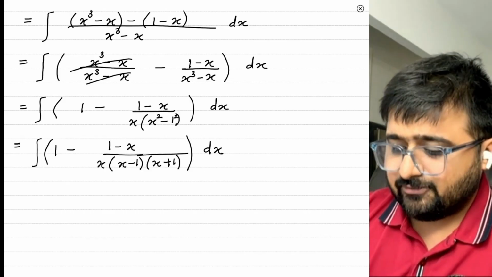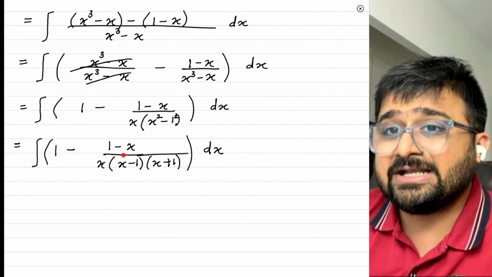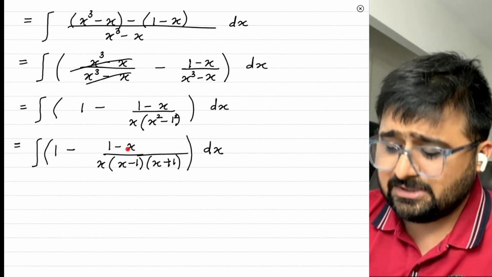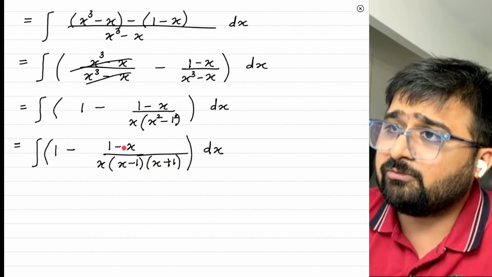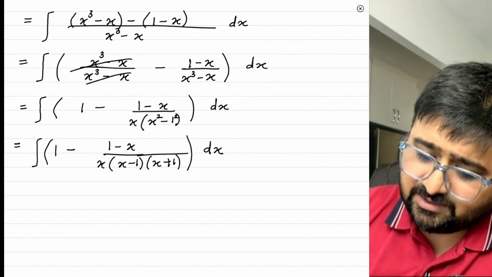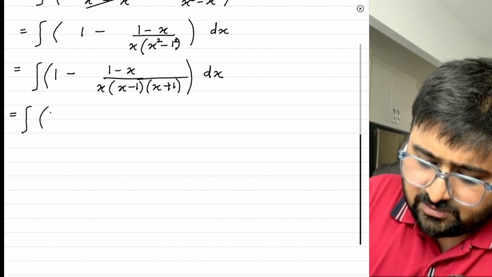If you notice carefully, this x minus 1 and 1 minus x are actually negatives of each other. The way you can figure that out is to factor out negative 1 again from here. So if you factor out negative 1 again from here, what you have is the integral of 1.